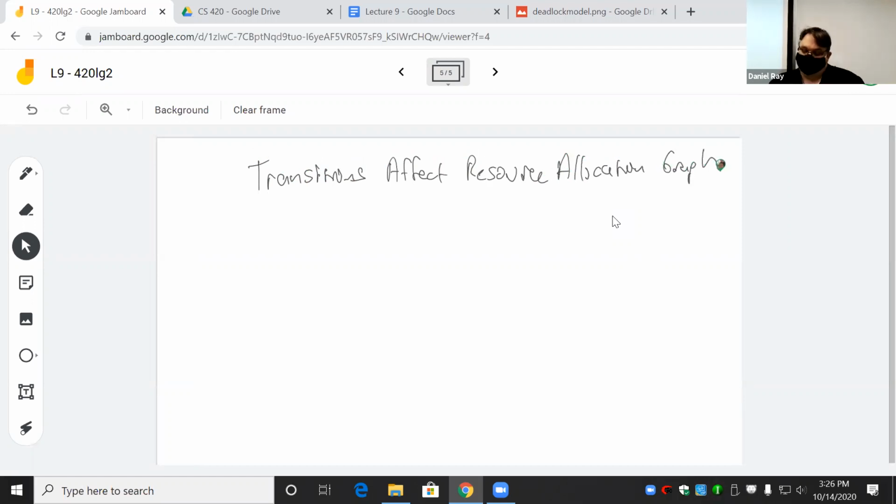Okay. There's only three of them. Only three things that processes can do that will change the resource allocation graph. Do you want to take a stab at what they are?